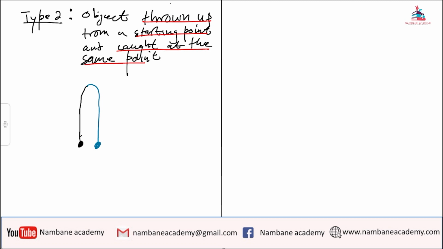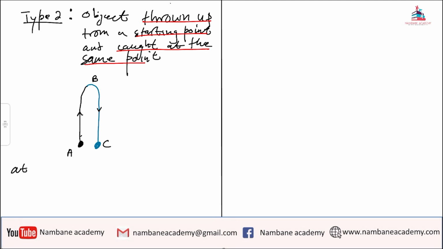What can I do? I can say I have A, B, C. Very, very important points in my sketch. Automatically, what can I say? I can say obviously I need some V initial for it to go up. It will not go up without any velocity. So what can I say?